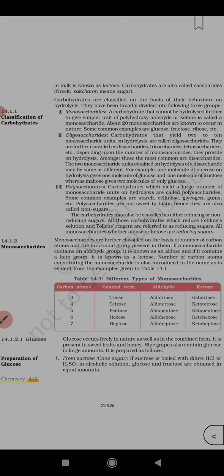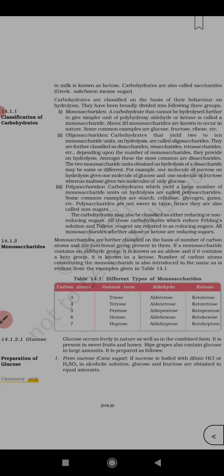Now from starch, how can you prepare glucose? Commercially, glucose is prepared by hydrolysis of starch, by boiling it with dilute H2SO4 at 393 Kelvin under pressure. So hydrolysis of starch also gives glucose.